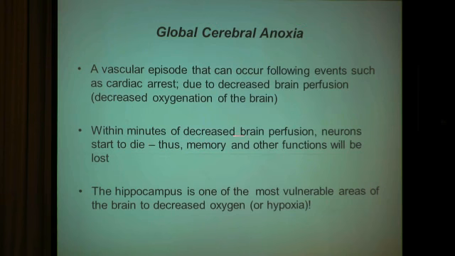Within minutes of decreased brain perfusion, neurons start to die. And when those neurons die, that's it, guys. You're born with more neurons than you're ever going to have again. And again, there is an exception to that rule, and it's going to be an important one that we're going to talk about. But nonetheless, in general, neurons are not replaced after they die.